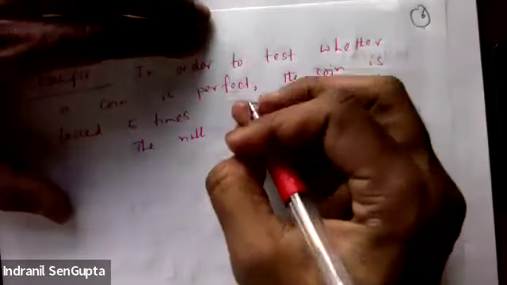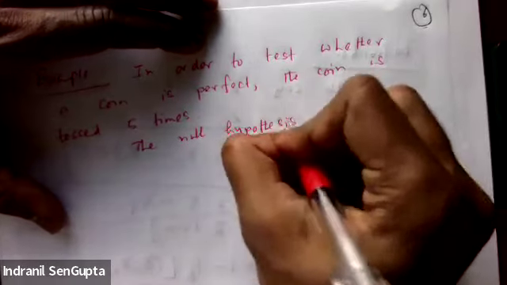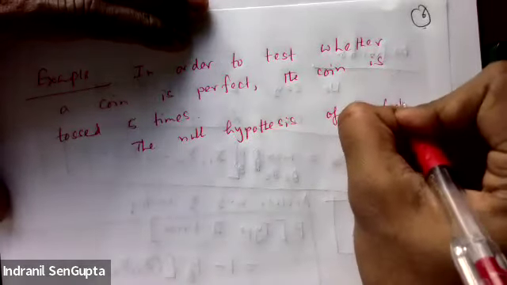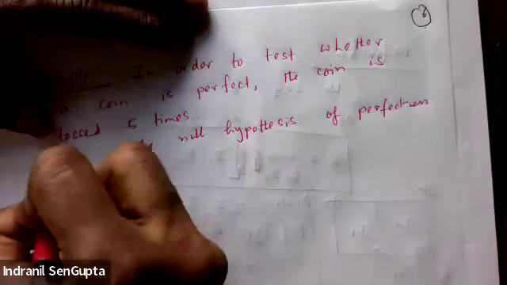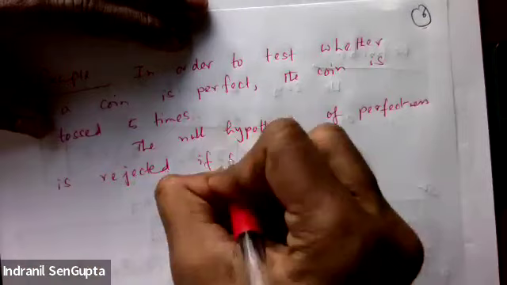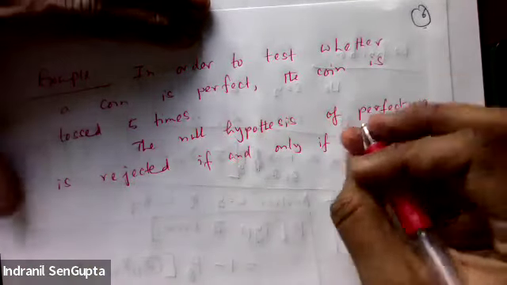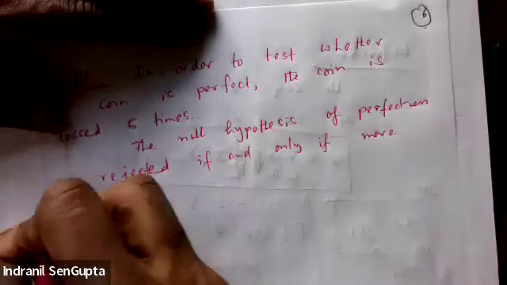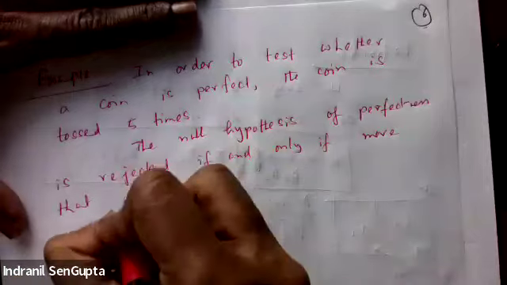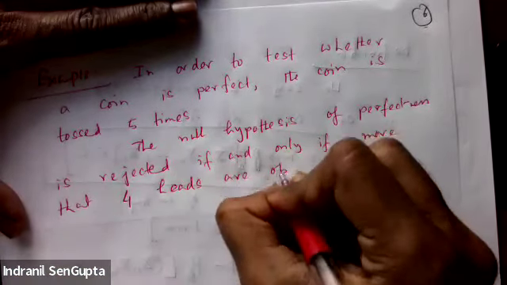But the null hypothesis of perfectness is rejected if and only if more than, say, 4 heads are obtained out of 5.